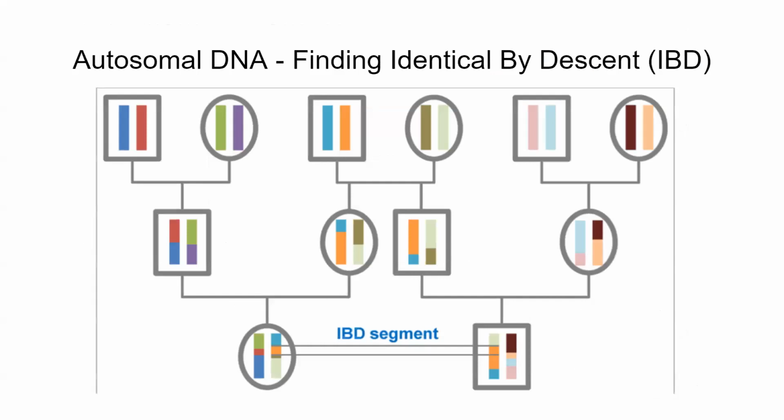Okay, but what we're going to talk about today mostly is autosomal DNA. This is where we are looking at DNA from a couple and how that shows up in their descendants so that you can match your DNA to someone else's and say, we must be related.